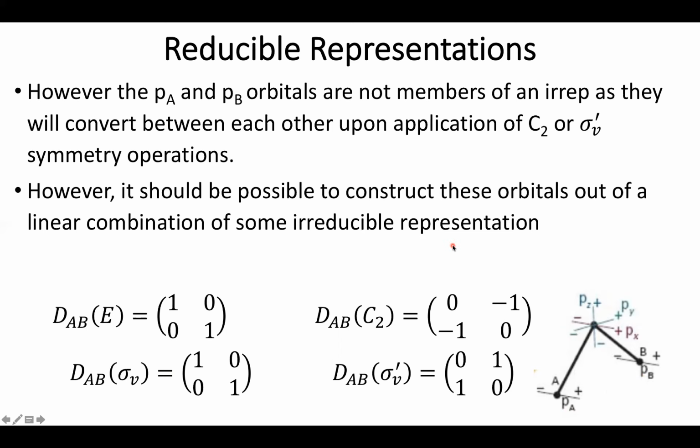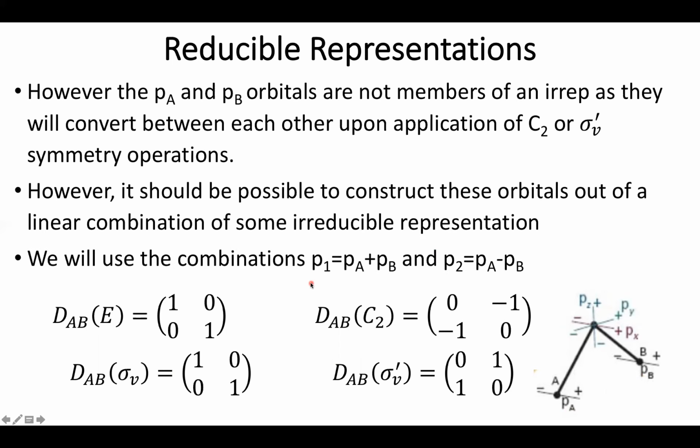So in order to solve this, we would do an eigenvector eigenvalue problem. And it turns out that the irreducible representations that can describe this combination of orbitals are going to be P1 and P2, where P1 is a symmetric combination of A and B, and P2 is an anti-symmetric combination of A and B.